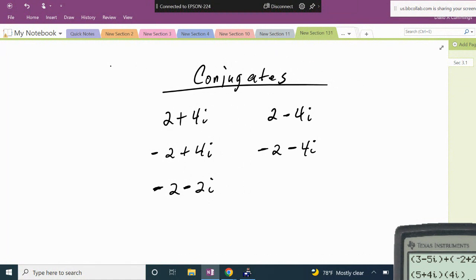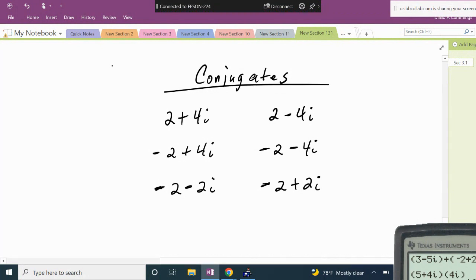And if we look at the third complex number, negative 2 minus 2i, its conjugate would be negative 2 plus 2i. All right, so when you're finding the conjugate, you only change the sign of your imaginary number.